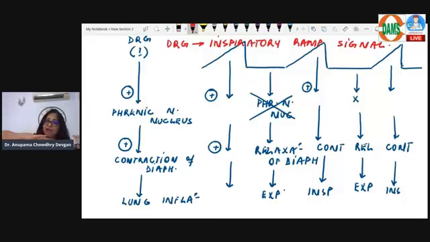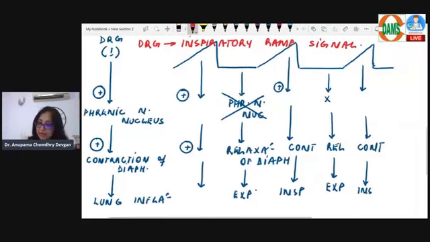Because the firing rate of the DRG increases in a ramp-like fashion. And during expiration, there are no signals from DRG, no stimulation of the phrenic nerve nucleus, relaxation of diaphragm, leading to expiration, right? So this is what is responsible for the tidal respiration. This is called an inspiratory ramp signal, right?